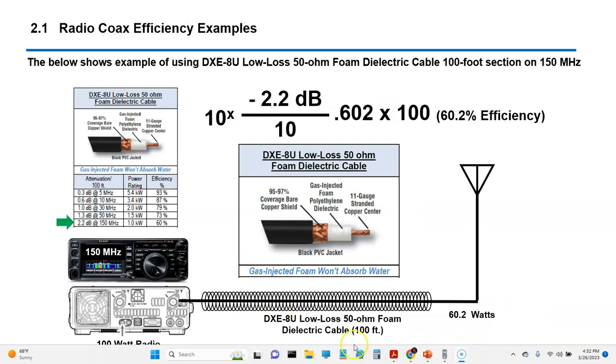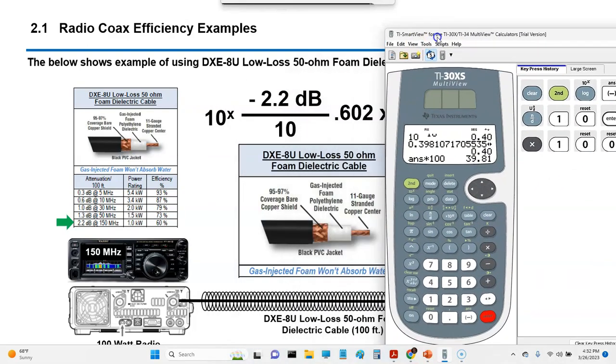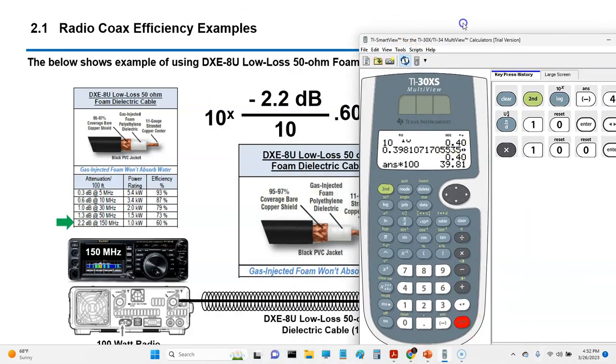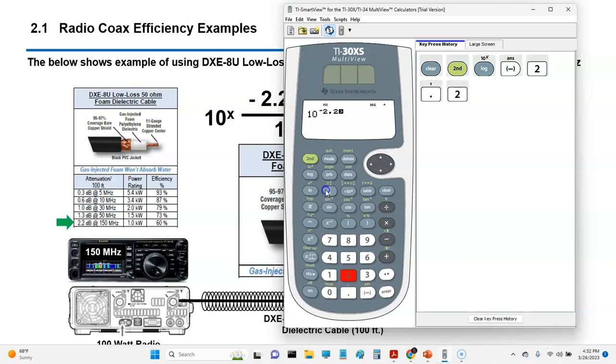We'll do another one here real quick, and then we'll wrap it up. This one has 2.2 dB, so let's do the same thing again. Second shift log, negative 2.2 over 10 is going to give us 0.6 times 100 watts.